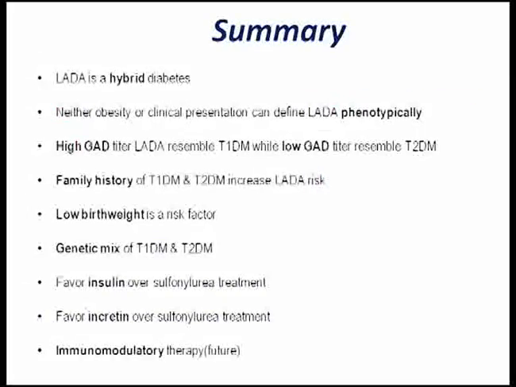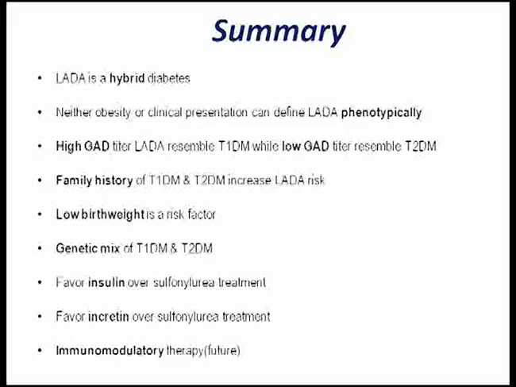So in summary, LADA is a hybrid disease of diabetes. Neither obesity nor clinical presentation can define LADA phenotypically. High GAD titer LADA resembles type 1 diabetes. Low GAD titer resembles type 2 diabetes. Family history of type 1 and type 2 increases LADA risk.